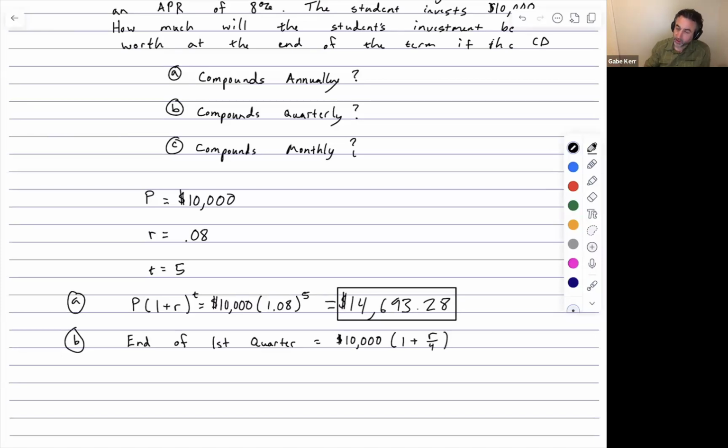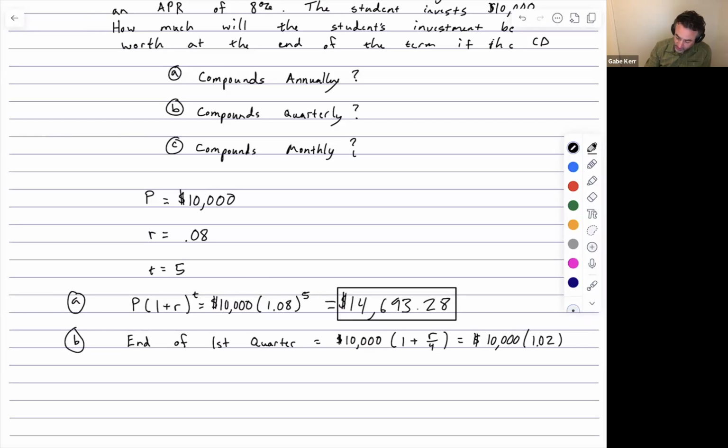So that's 1/4 of the amount. At the end of the first quarter, we've only gone through a quarter, not a full year, so we don't get a yearly amount of interest; we get 1/4 of the interest rate applied to the principal. So this is going to be 10,000 times 1.02, right? Because 0.08 divided by 4 is 0.02.